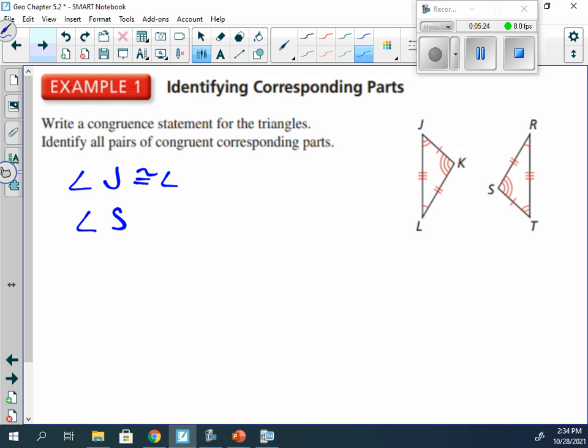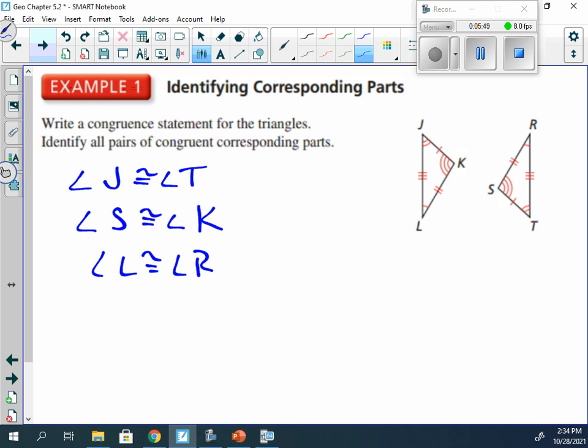So the one and the other one that has 2 is? S has how many on the inside? 3, yeah, it has a lot. The other one that has the same number is? And the last angle is? L is congruent to R. Those are our congruent angles, our corresponding angles.